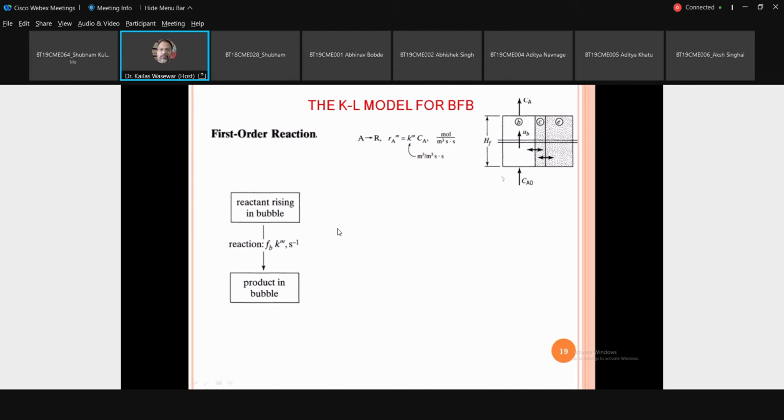Then there is a reactant in the bubble, coming through the bubble. Then there will be the reaction because of the presence of the catalyst.